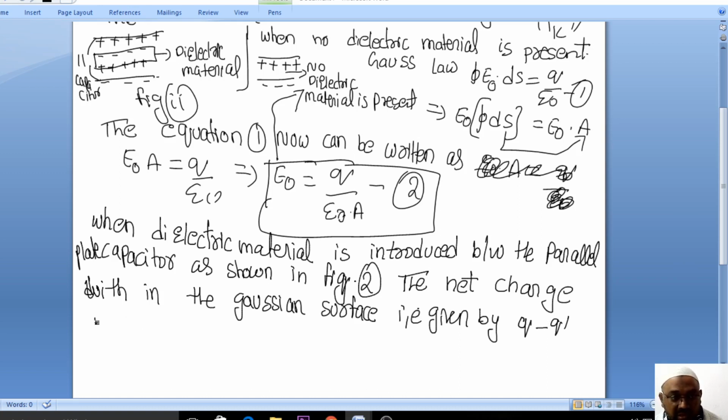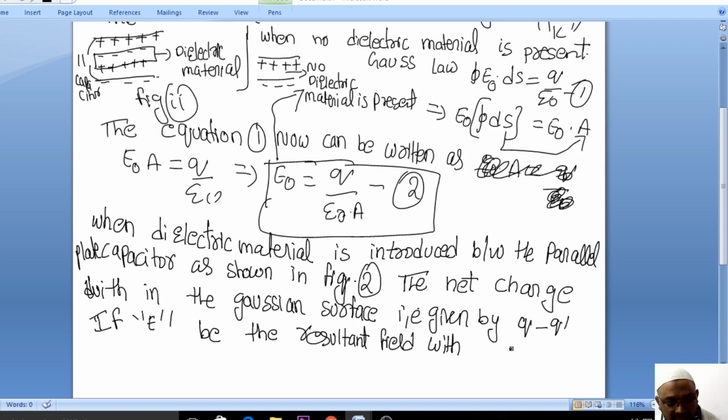Now see, if capital E is the resultant field, the total field within the dielectric, then we will use Gauss law.